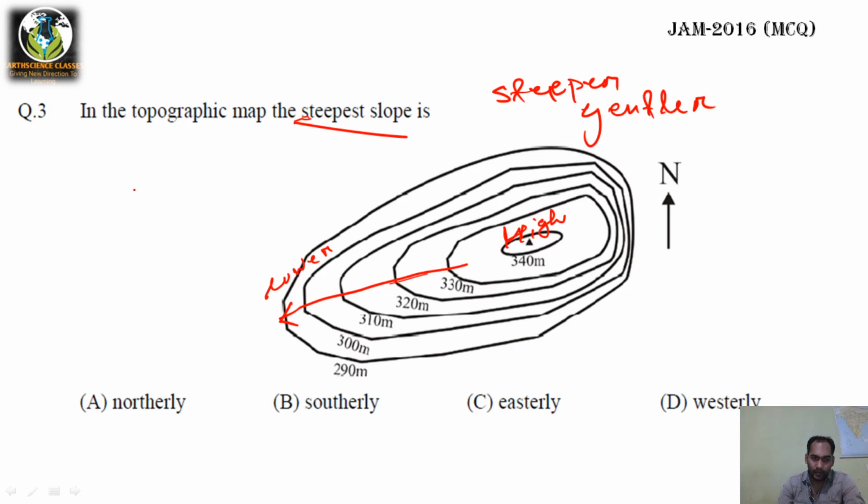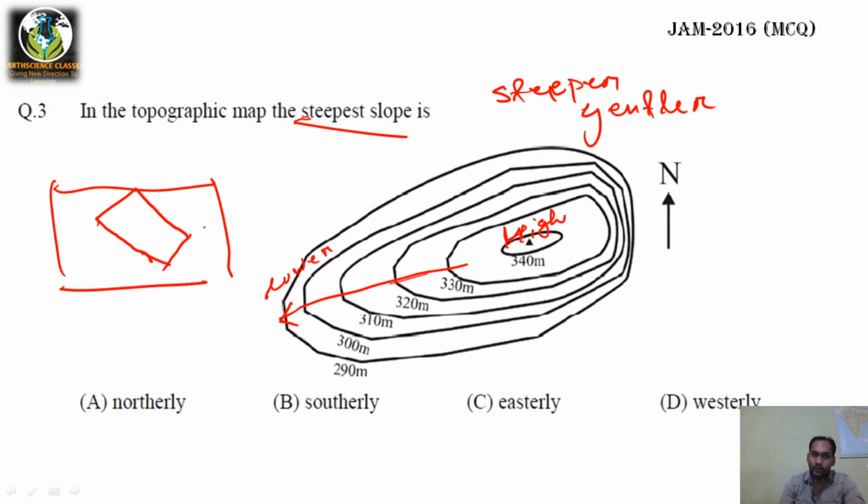So let me do a diagram here. So this is a bed, right? Now I am trying to show you in vertical section or cross section, right? This is one bed and this is one bed, right?